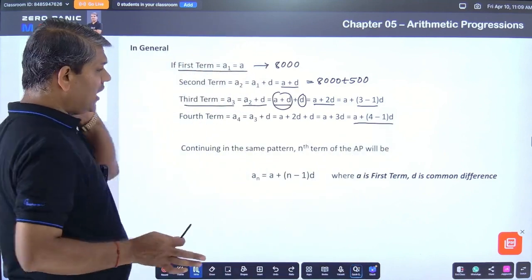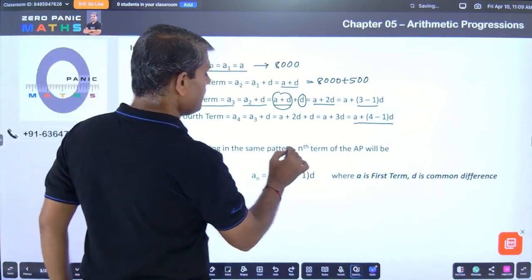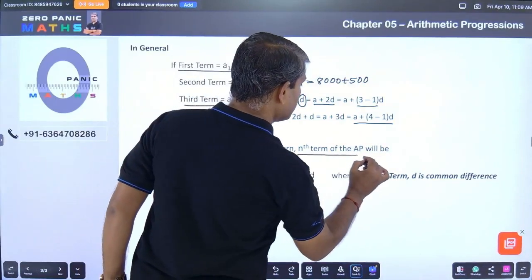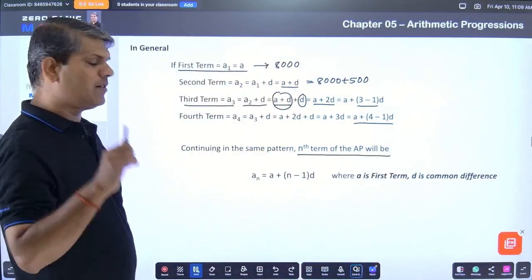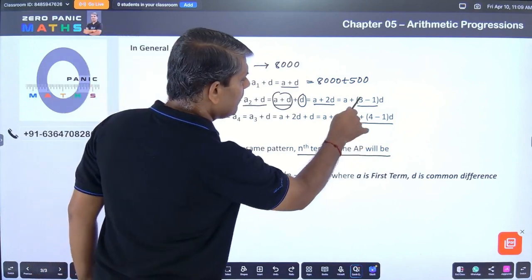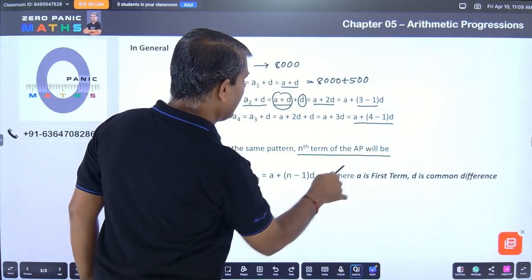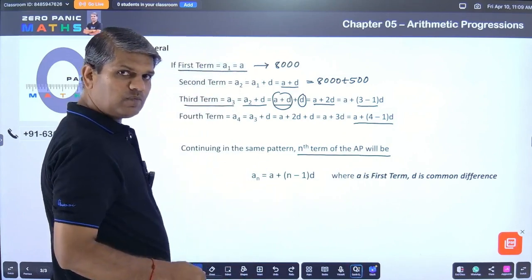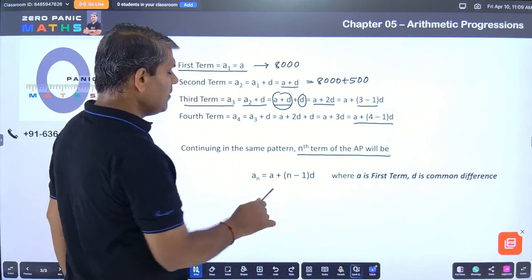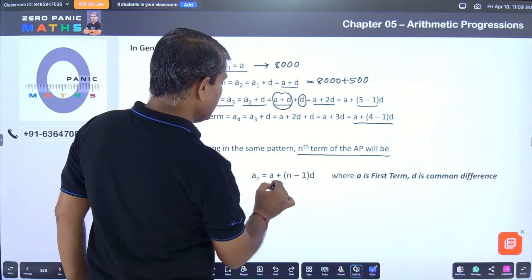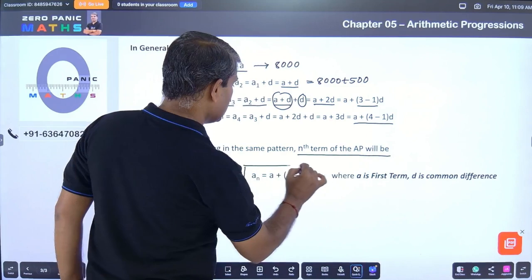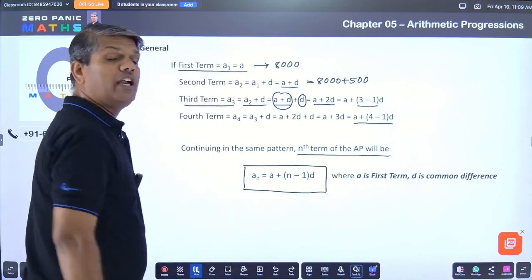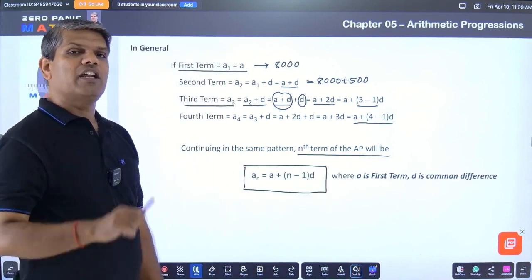So in general, if you continue the same pattern and represent 1 2 3 4 5 by n, a positive integer, then this will be the formula for calculating the nth term of an arithmetic progression.